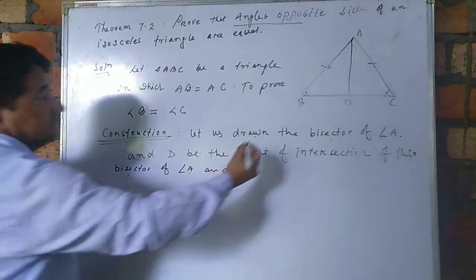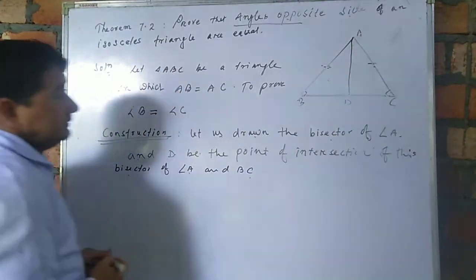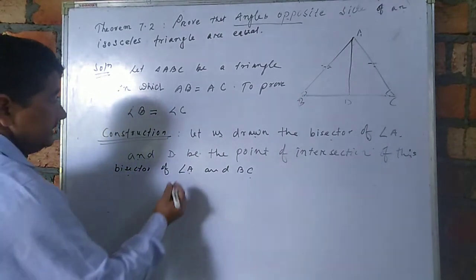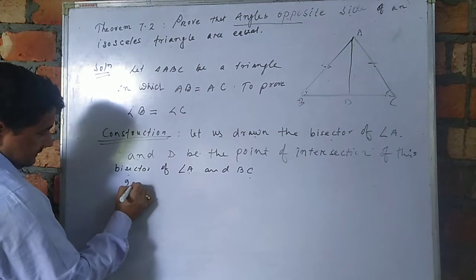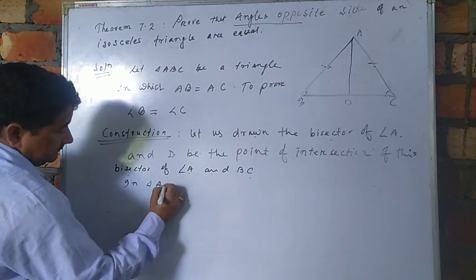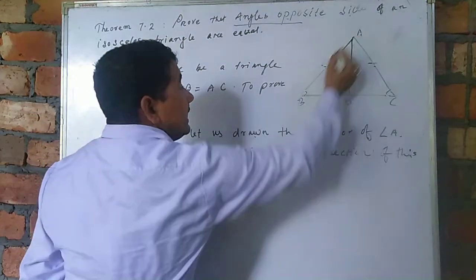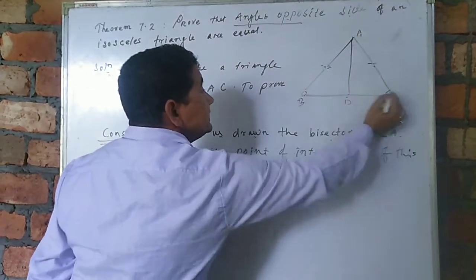Now we can consider these two triangles, triangle ABD and triangle ADC.